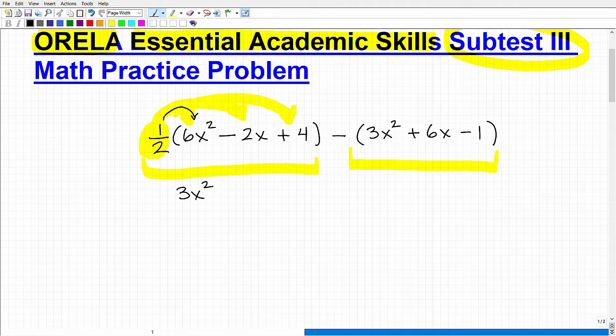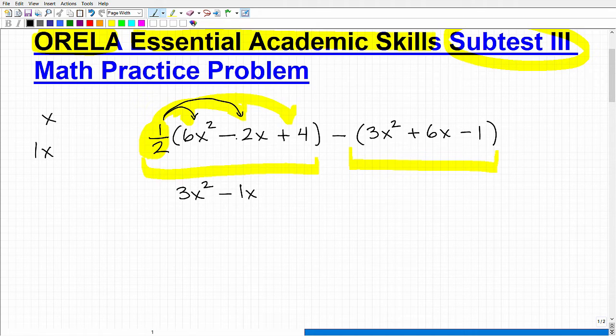Now I distribute that 1/2 to the negative 2x, and that's just negative 1x, or just x. I'll put the 1x there to emphasize that writing x is the same thing as 1x.